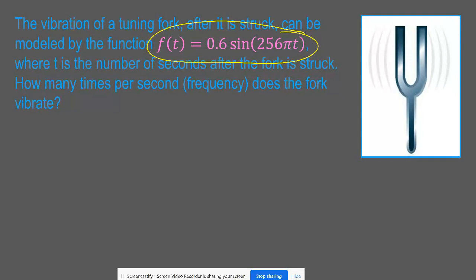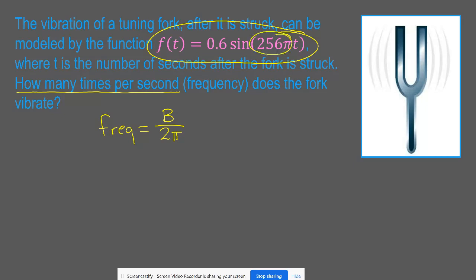And frequency in word problems is often going to be how many times per second or per minute or per some other unit of time. So in this one, it's per second. So what we want to do is find the frequency. Frequency is the reciprocal of period. It is b over 2 pi. And b is always our number that we're multiplying by the variable.